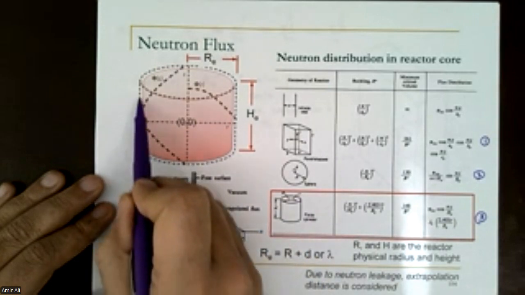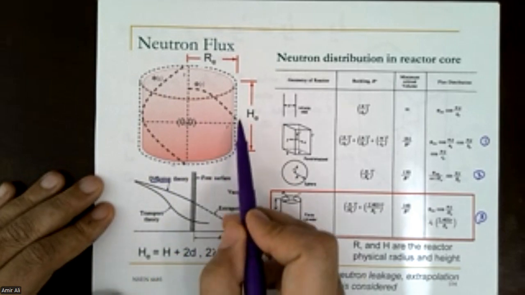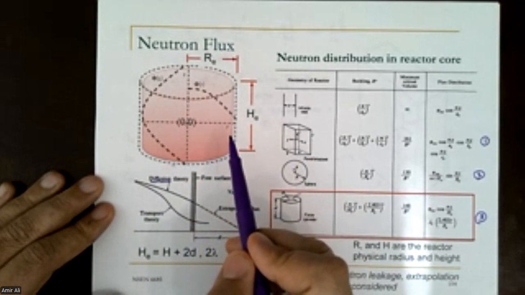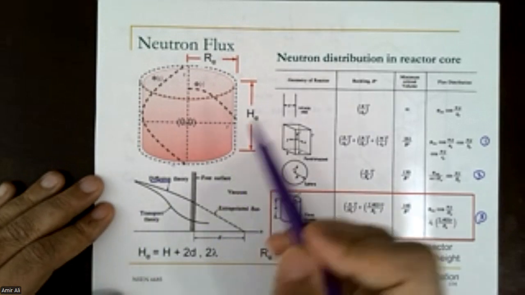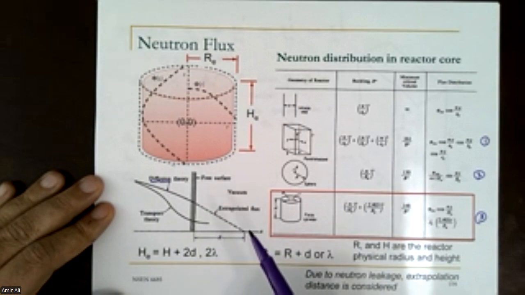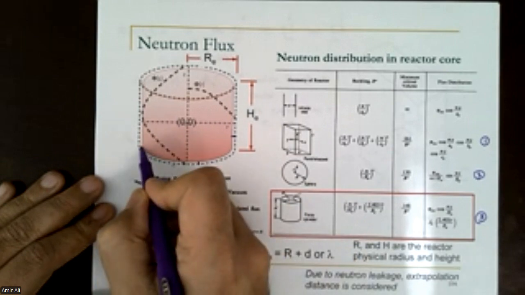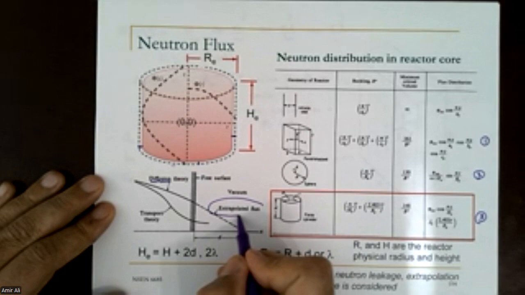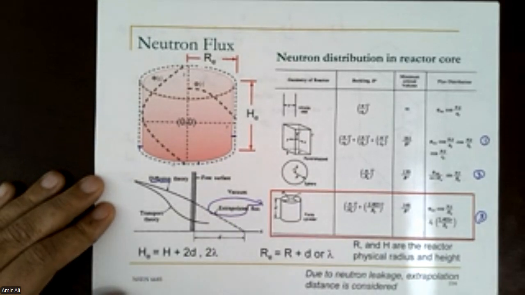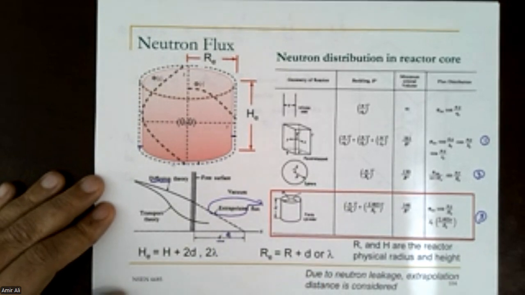The pinkish thing is the physical boundary of the reactor, while the dashed line expresses the extension of the neutrons leaking out of the physical boundary. The distance that neutrons can extend outside the physical boundary, we call the extrapolated or extrapolation distance. That's what we define by d, or in some reference books, we give that the letter e, either one.